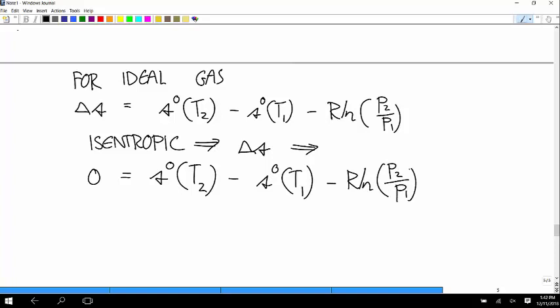And you could just do your problems from this, but it turns out that it gets a little messy when we're trying to derive an expression for P2 over P1, how those pressures relate to each other. And so we're going to introduce a couple of new properties that you can look up in the table that just make it so you don't have to do as much math.